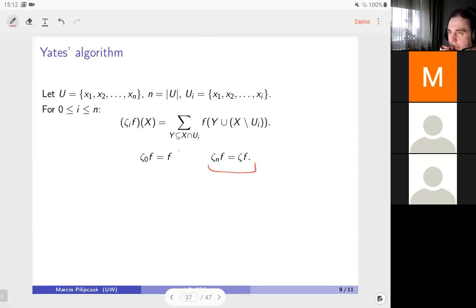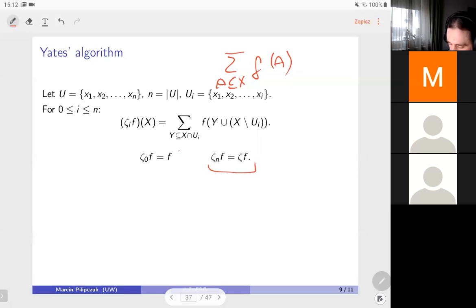So I just want to gradually change f into zeta f by allowing this summation, the summation over A inside X of f of A. In this summation, I'm allowing to take or not take more and more elements of X. I just move this bar, which guys can be in or out, or which guys need to be in. To be exact, I progress them from 0 to n.